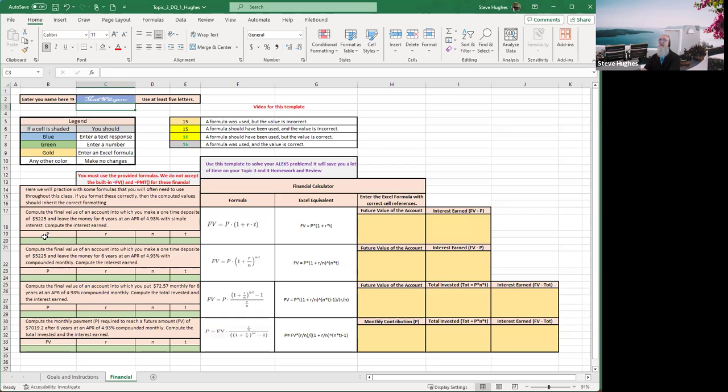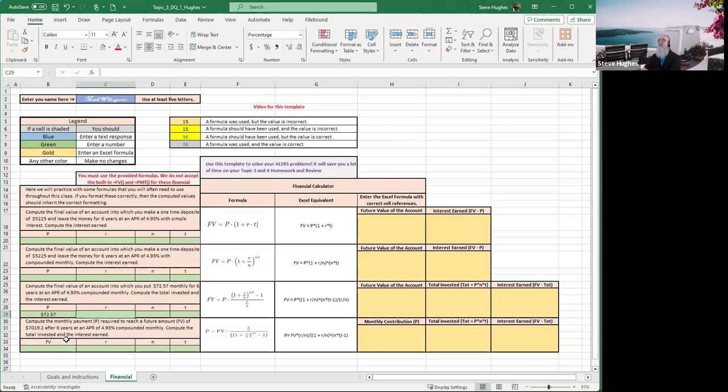Now, what we're going to do is enter the values here, and then enter the formulas into the gold cells. Right here it says gold Excel formula. I'm going to work on the third one with you guys, and I'm going to leave the other three to you. So down here, I'm going to enter my payment, which was $72.57.